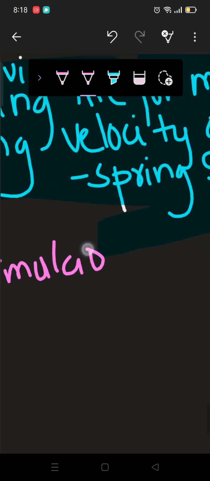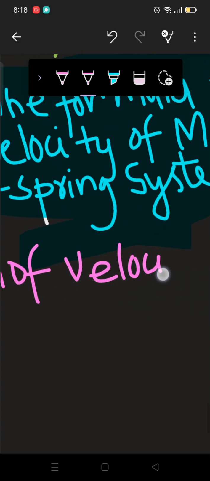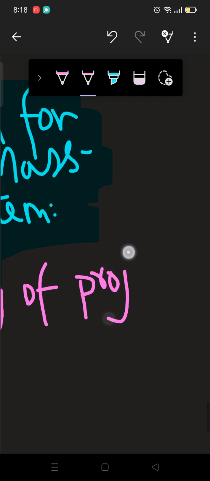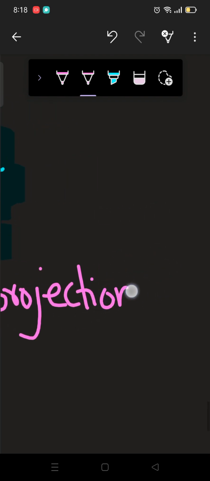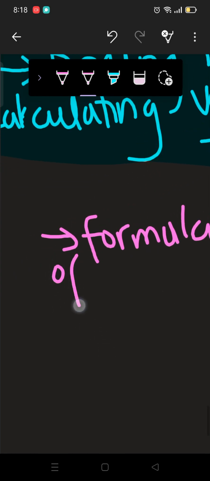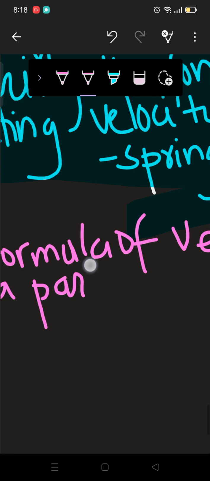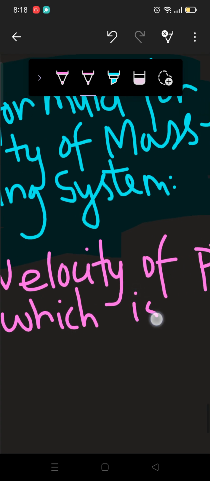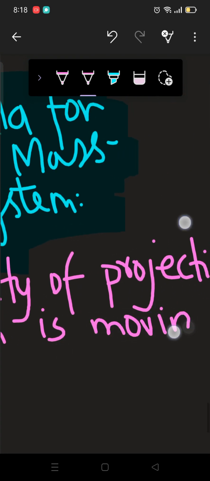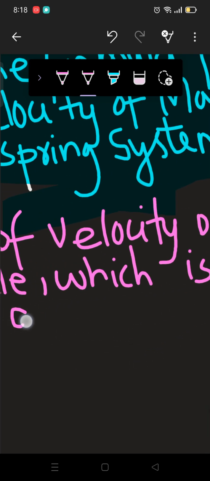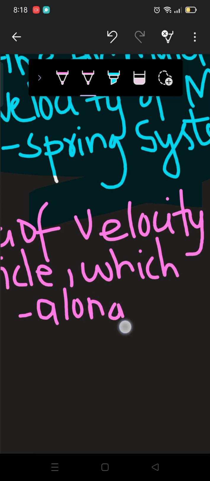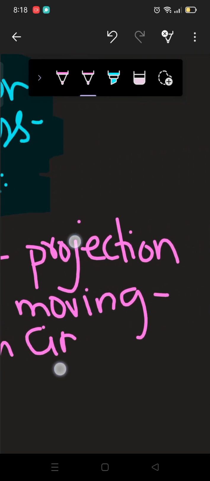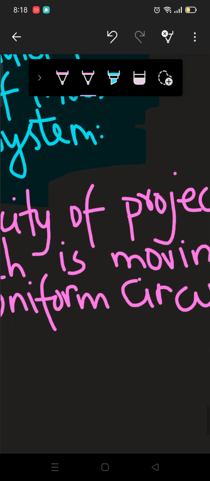So let's use the formula of velocity of projection of a particle which is moving along a uniform circular path, right?